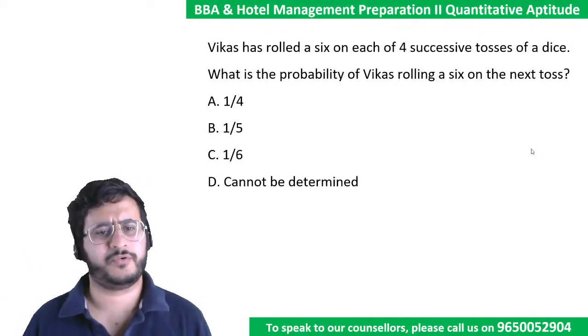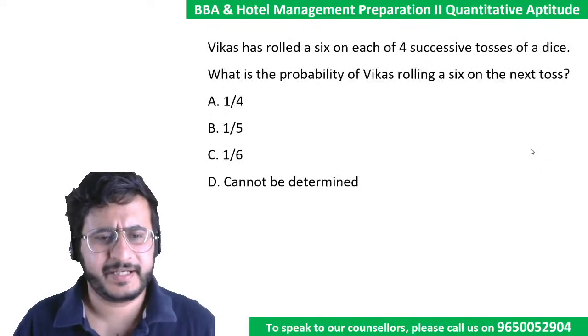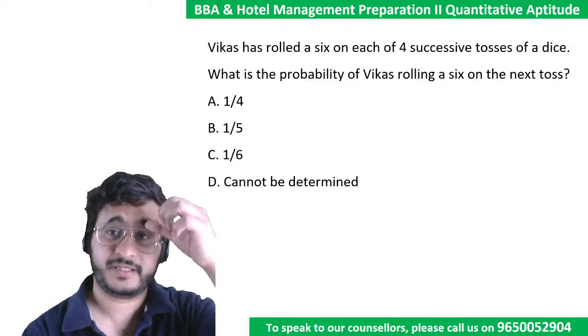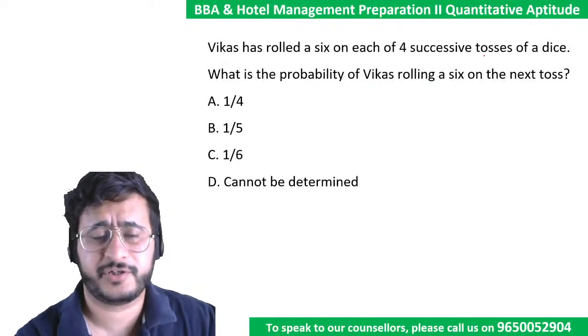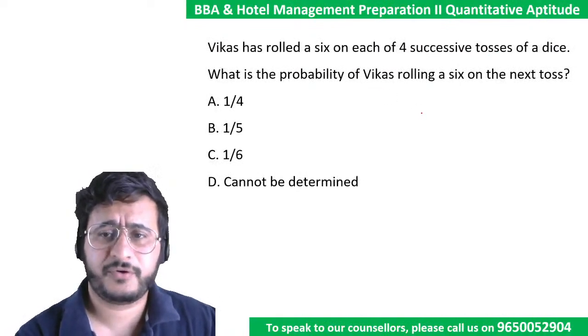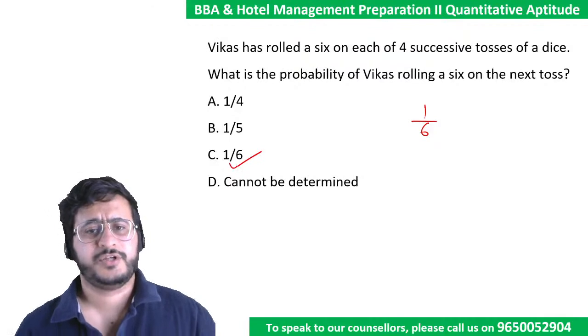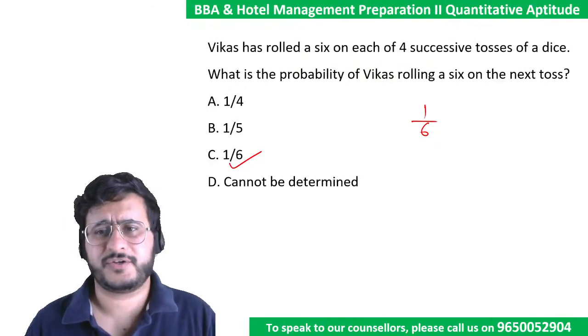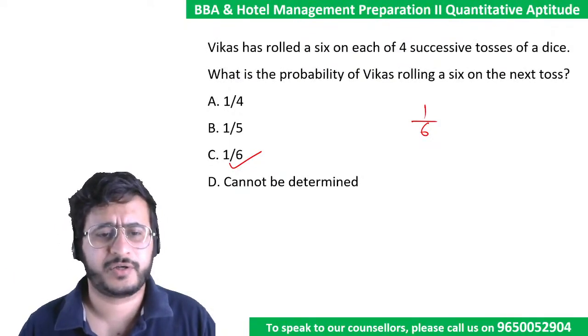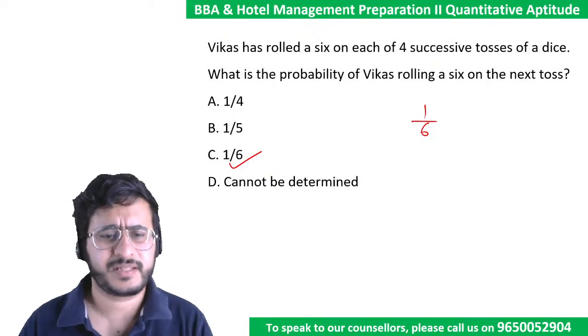The next outcome would obviously be independent. So even if he has rolled 4 consecutive sixes, again the favorable outcome would be 1, that is getting a 6 out of 6 total outcomes. Hence the answer would be 1 by 6. So the previous occurrences of sixes won't affect the outcome of the next roll.